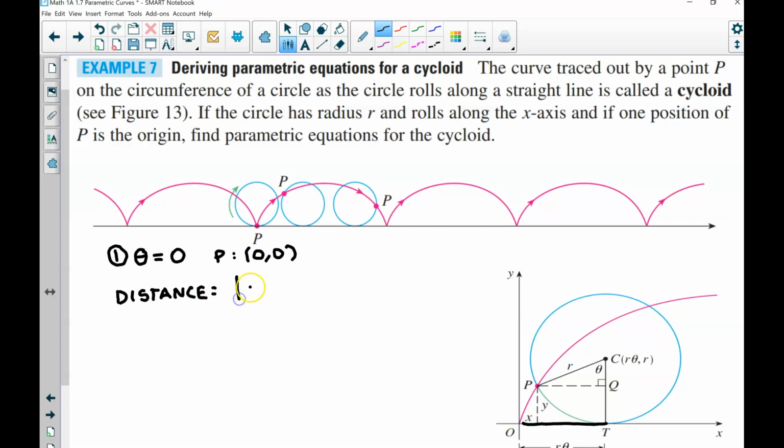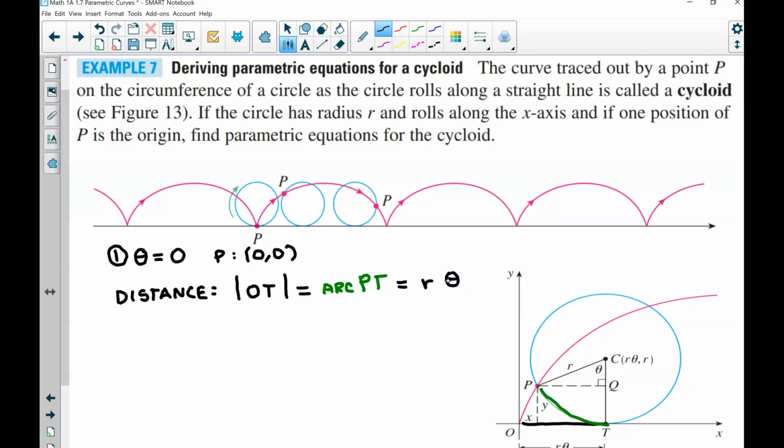So the absolute value of OT is going to equal this arc, and that arc goes from P to T. So this is arc PT, which equals R times theta, because that is the definition of the arc.